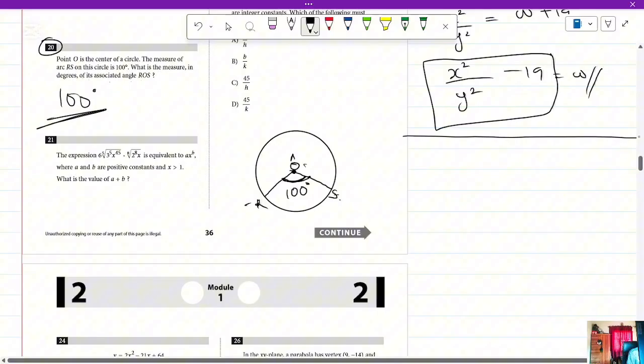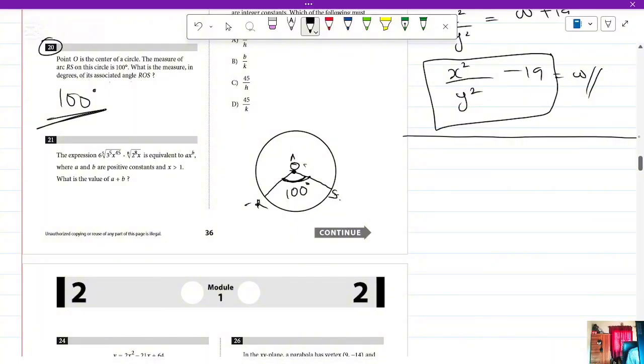The expression is equivalent to A x to the power B, where A and B are positive constants and x is greater than 1. What is the value of A plus B? Well, this is not something that is hard, right?